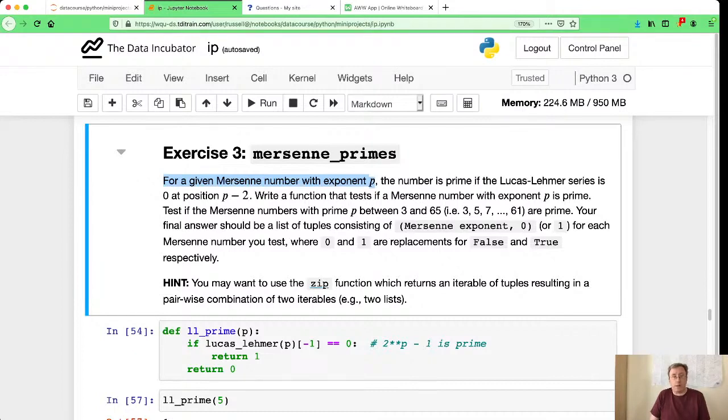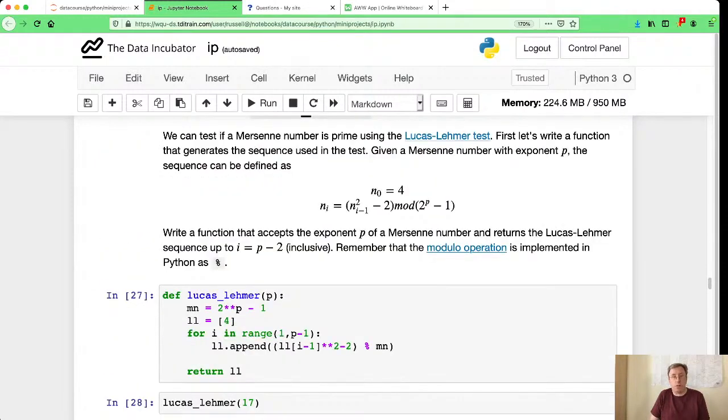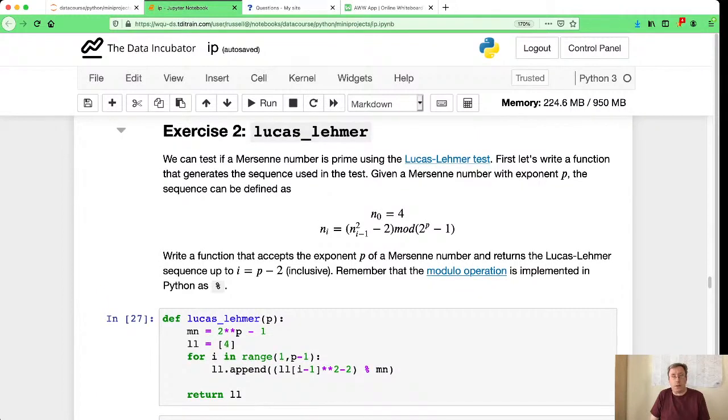So this, yes, I could talk about the zip function. This Lucas-Lehmer series begins with 4, and then we have 4 squared minus 2, which is 14, mod this Mersenne number.